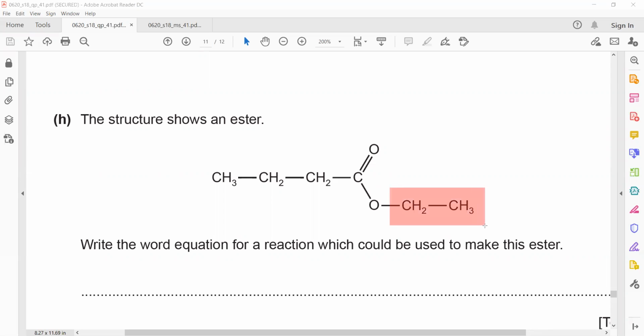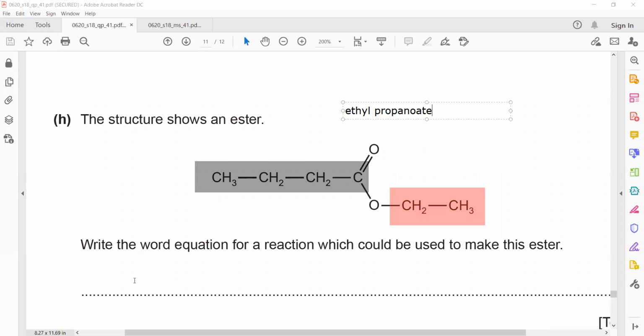The part which is attached to the oxygen is the branch, and the part directly attached to the C double bonded to O is the chain. So the name of the ester is ethyl propanoate. We have to write a word equation which results in the formation of the ester.